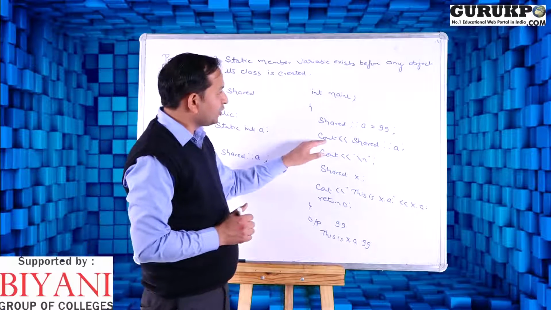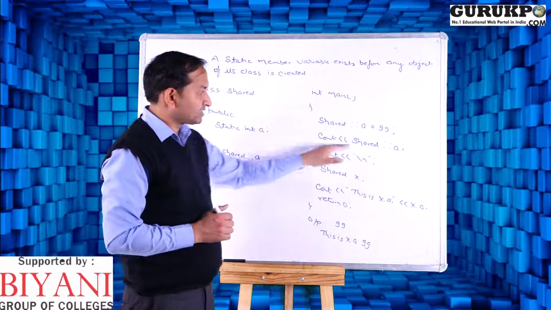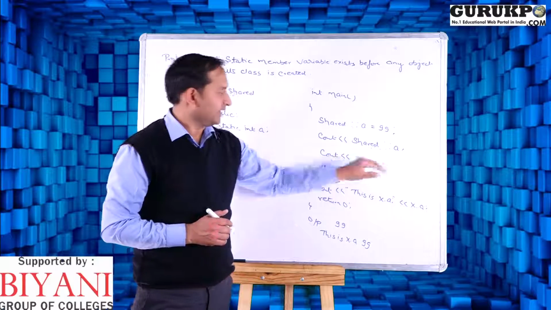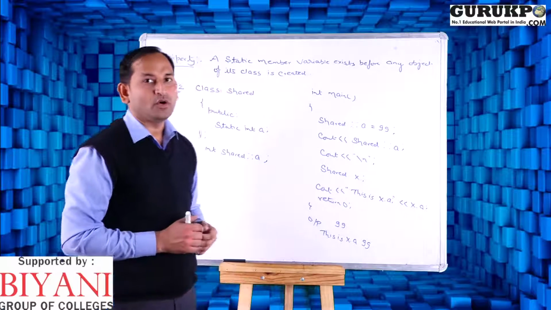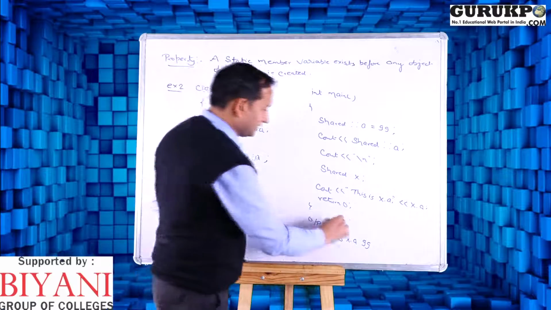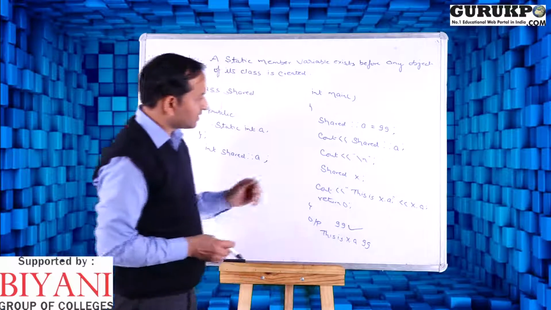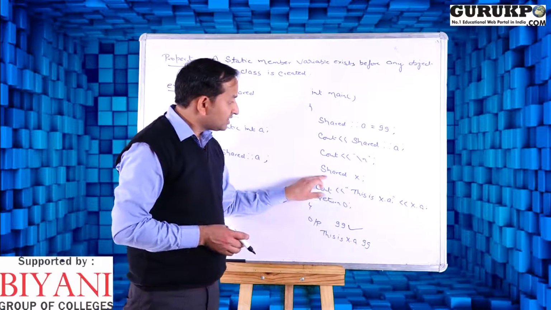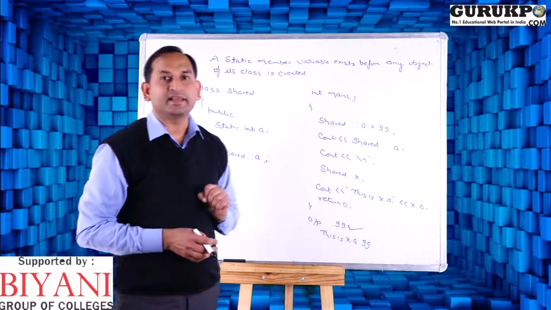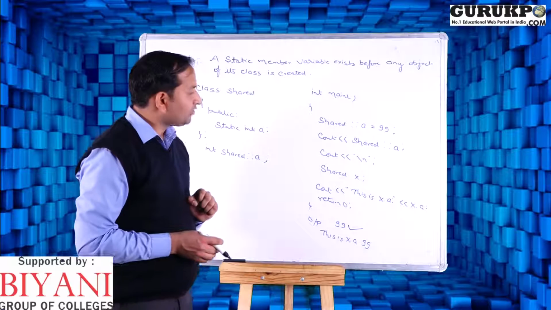Now we are printing the value of the static member variable using the class name and scope resolution operator: cout shared::A. So it will print the value of A, that is 99. Now control goes to the next line, cout endl. Now shared x: here we are creating an object x of class shared.